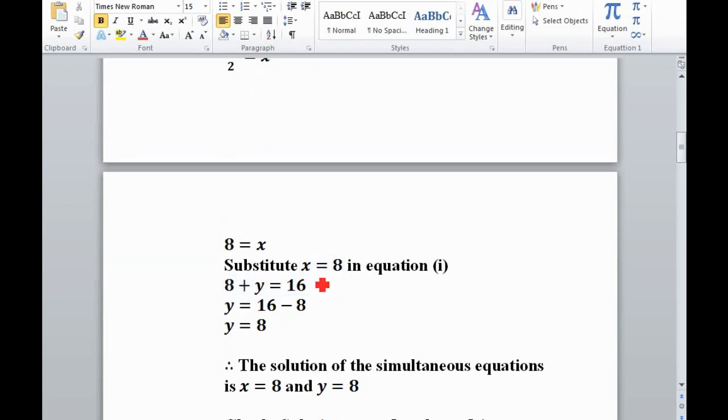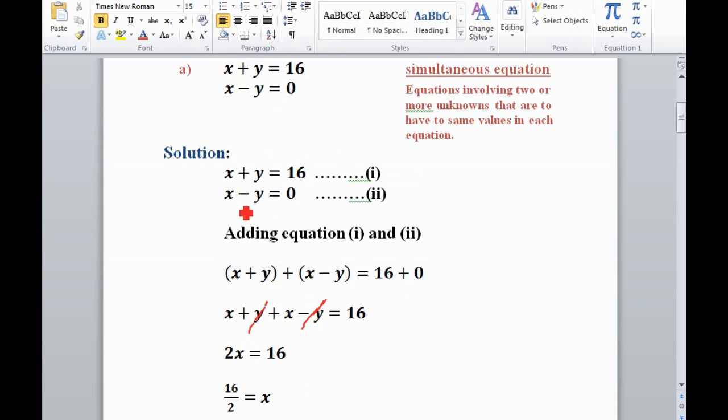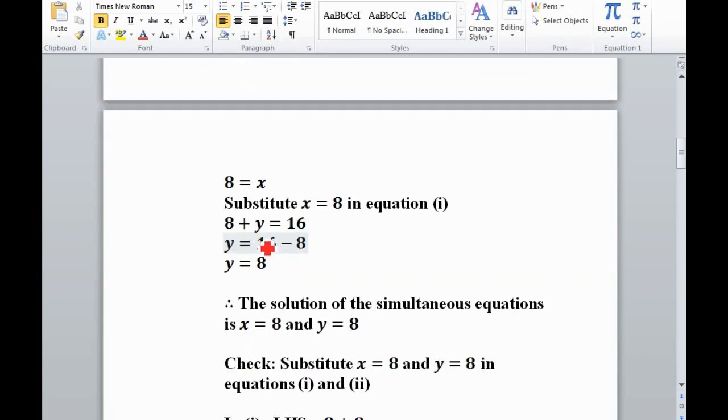Now substitute x equals 8 in equation 1. You can also substitute the value of x in equation 2. So by putting this value of x equals 8 in equation 1, which is x plus y equals 16, since we have the value of x as 8, this equation becomes 8 plus y equals 16.